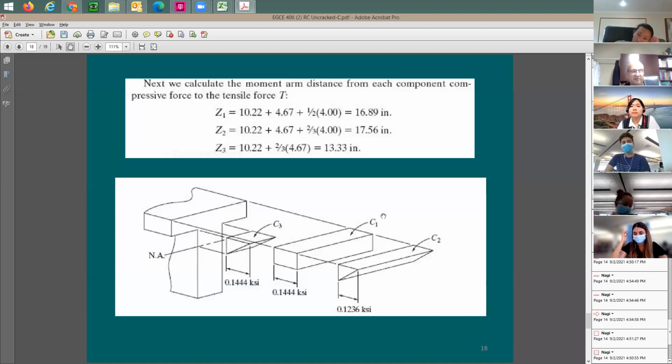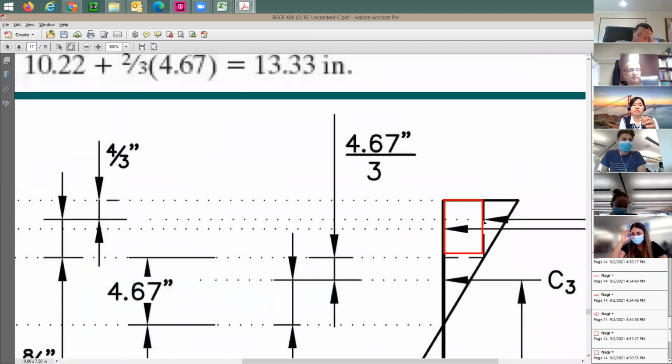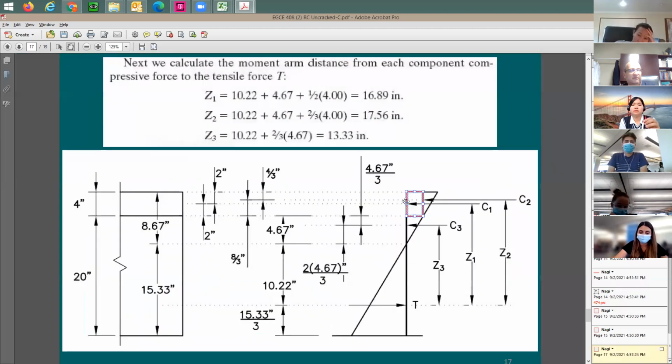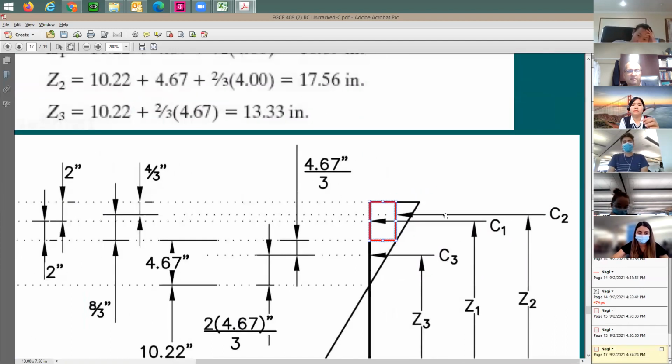If you look from the side, this is what you're going to see. This rectangular section refers to compression force number one, and the width of this is going to be the same as the total width of the flange. Same thing for this little triangle, which is going to be C2.